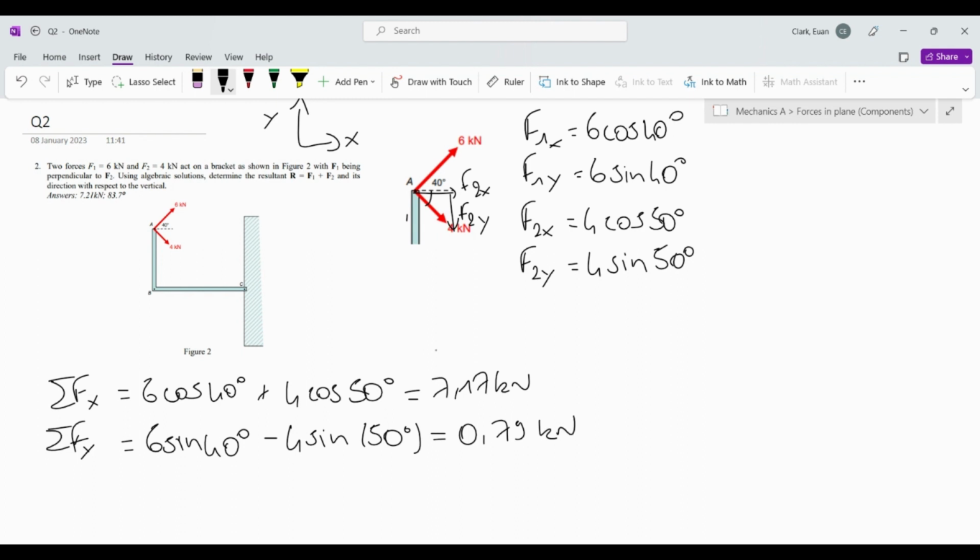Perfect. So if we do our small drawing again, this time we want the direction with respect to the vertical axis. So this means that our resultant, if Fx is positive, then it's going to go to the right, and if Fy is positive, then it's going to go up slightly as well. So it's going to end up looking like this. So that's Fx, and that is Fy.